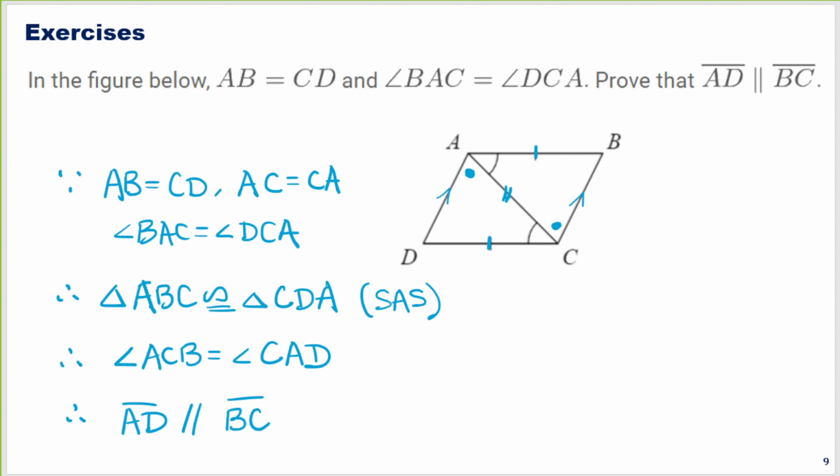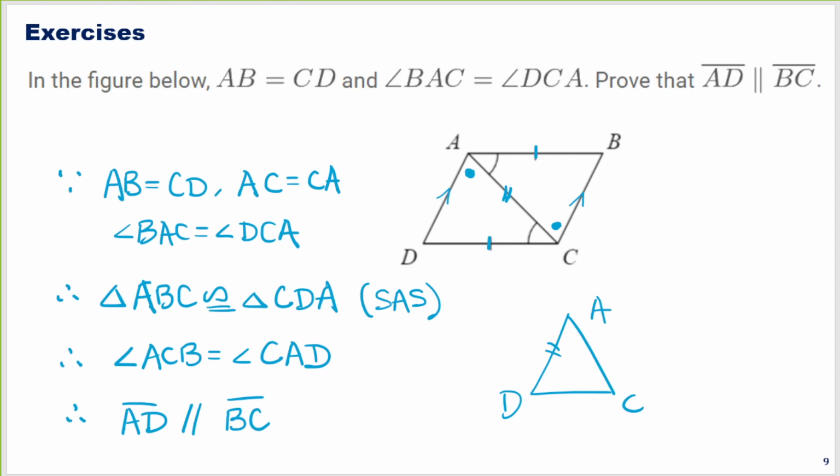Completely the same does not indicate these two lines are parallel, right? I'll give an example. For example, this is triangle ADC.